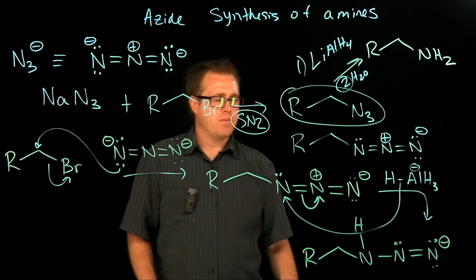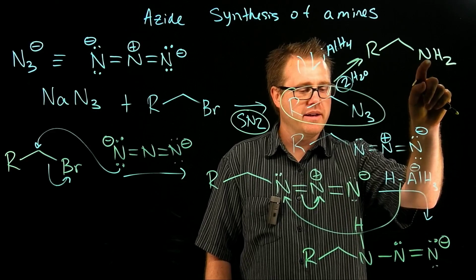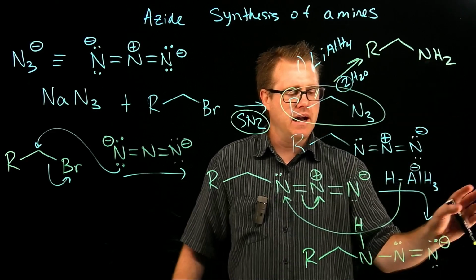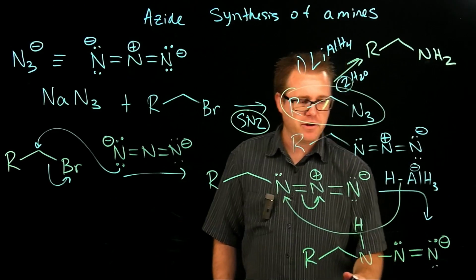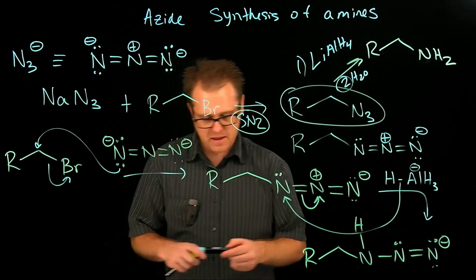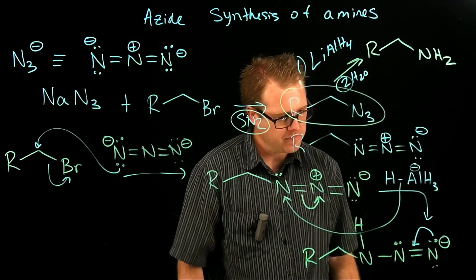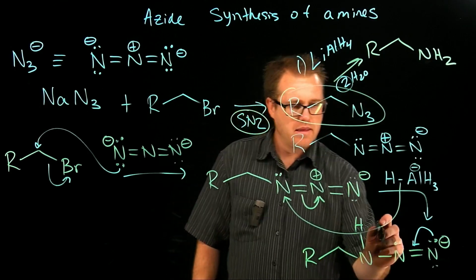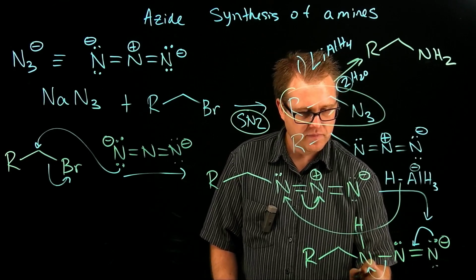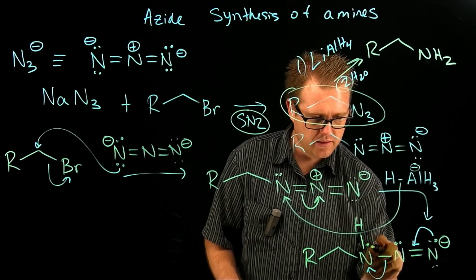Well, what's our overall product here? We only have one nitrogen. Right now we have 1, 2, 3. So we have to get rid of 2 nitrogens. And so what you can do is take the lone pair, bring that down like so, and then this nitrogen bond right here is going to break. Okay, so we already have the lone pairs there.